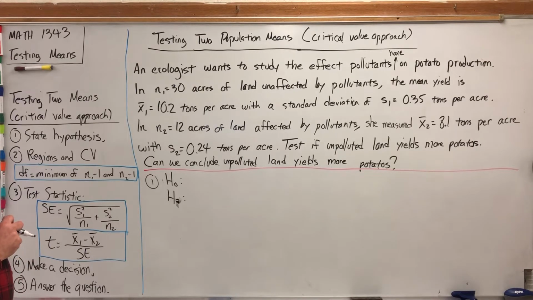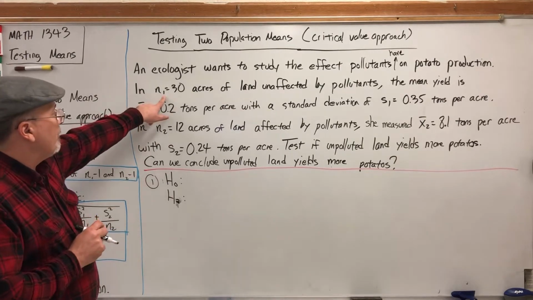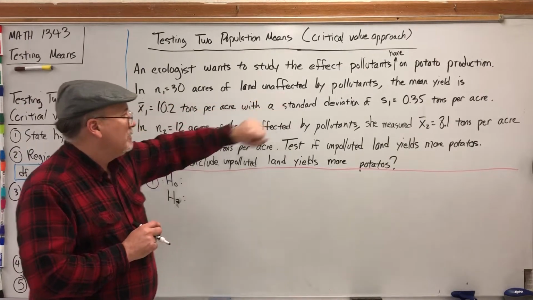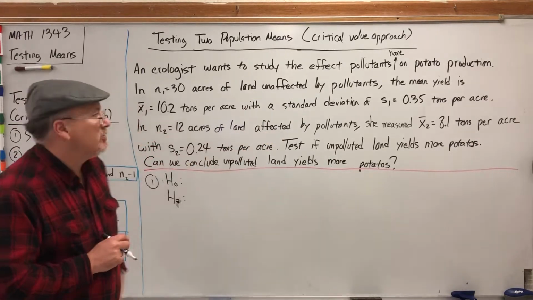If we're going to do this, we need to figure out which subscript means what, but that's pretty clear by the context of the problem. A subscript of 1 is measuring things for unaffected land, and a subscript of 2 is measuring things for affected land.